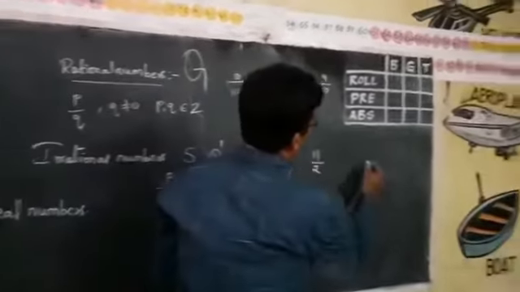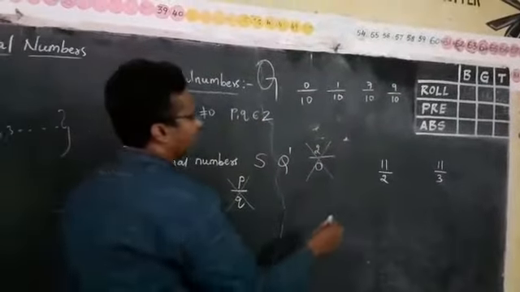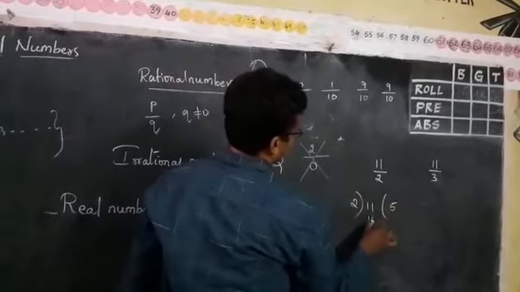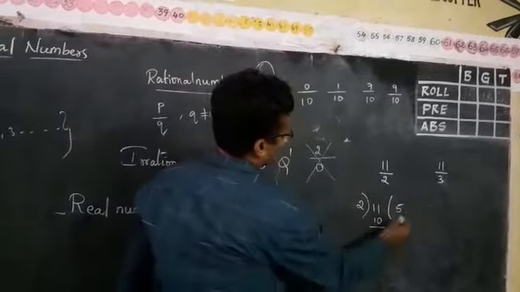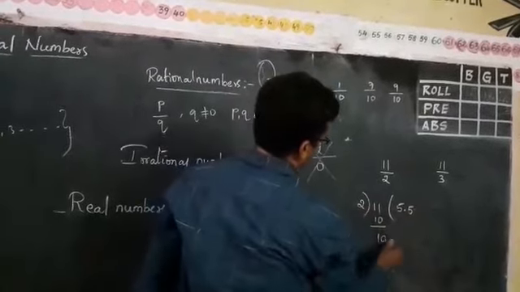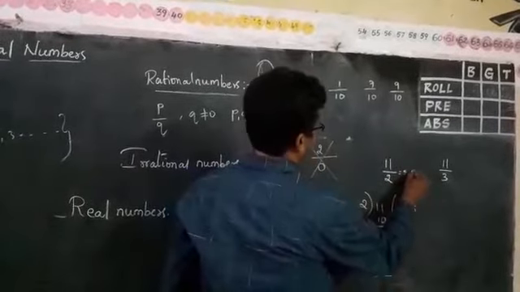Suppose I do 11 by 3, what am I going to get? First, if you divide by 2, 2 5s are 10, remainder is 1, so put a point and take a 0, 2 5s are 10. So this can be written as 5.5.